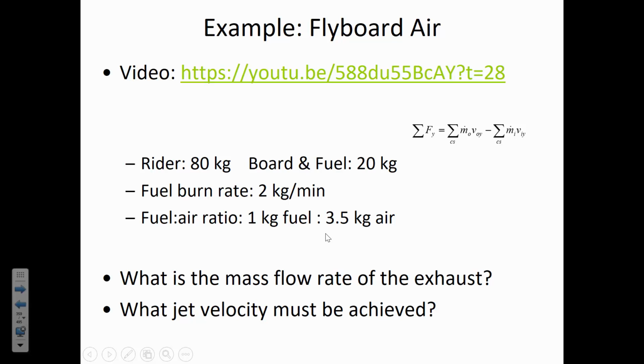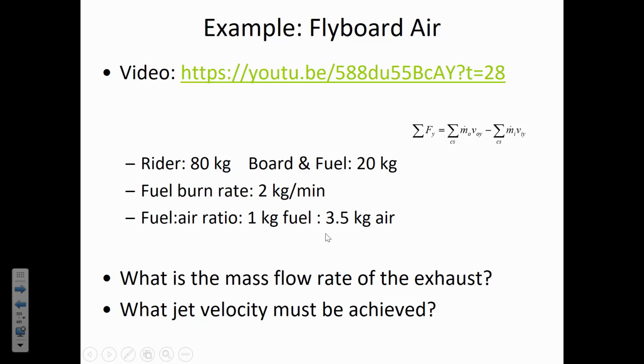That's the total mass of what's coming out, because the combustion reaction is fuel plus air, and so for every 1 kilogram of fuel that's being used, you're also discharging 3.5 kilograms of air coming out of that.